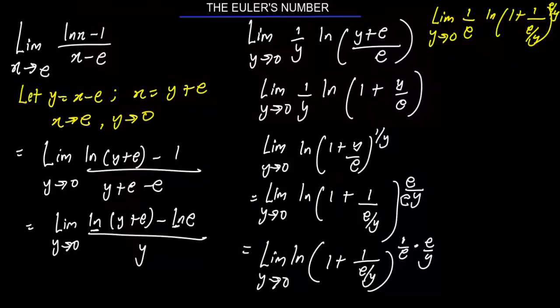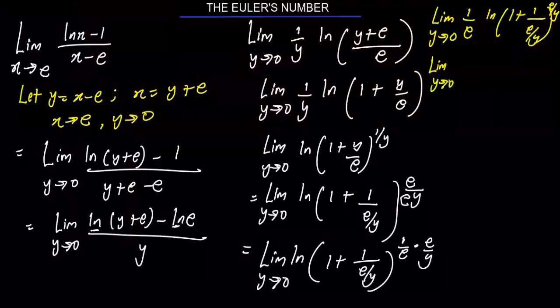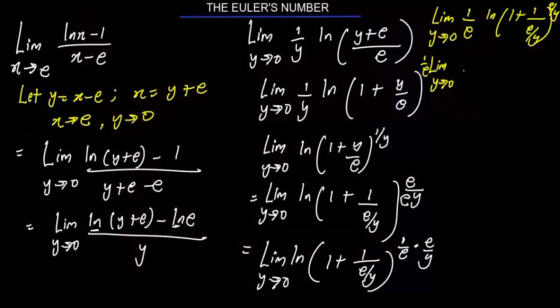So I can write this as the limit as y tends to 0. This 1 over e is a constant, so I can put it out, 1 over e. Then I'm having ln 1 plus 1 over e over y raised to power e over y.